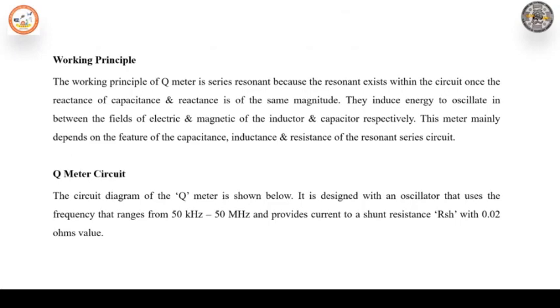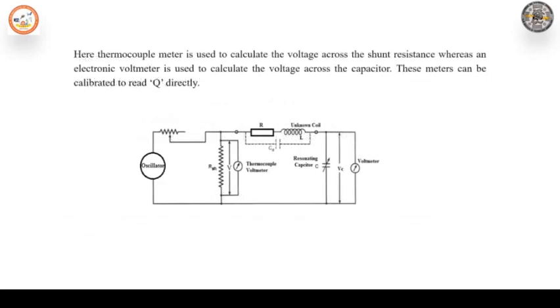A wide range oscillator with the frequency range from 50 kilohertz to 50 megahertz is used as a power supply to the circuit. You can see the diagram of the Q meter here. The output of the oscillator is shorted by a low value resistance, RSH, usually of the order of 0.02 ohms.